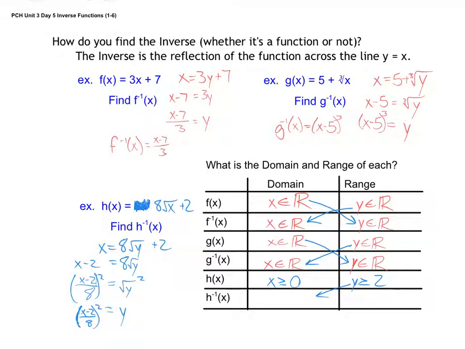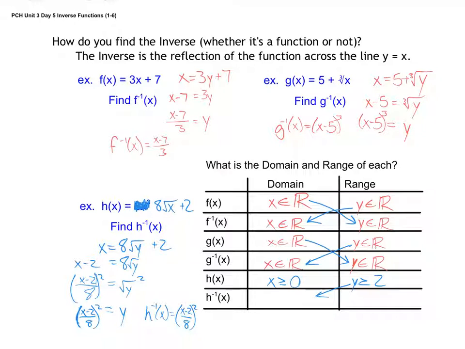So, if h inverse of x, if we want this to be an inverse function, we can't use the normal domain and range for the quadratic function, can we? We have to use the domain and range from our original function, which was a radical function.